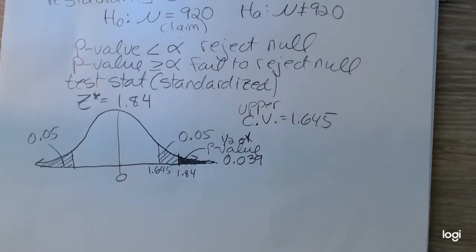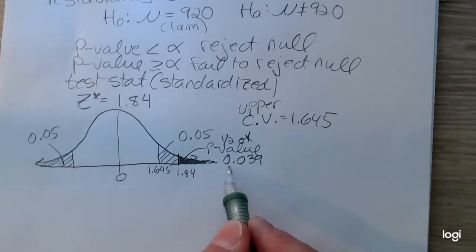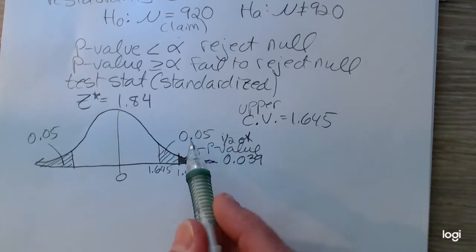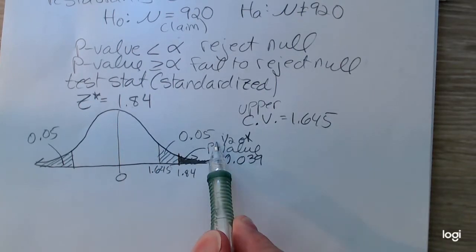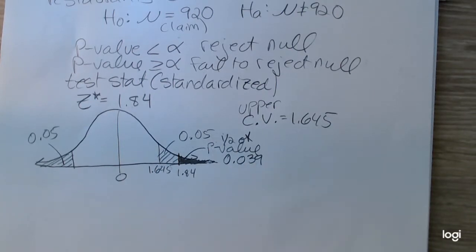So in your textbook, it will tell you that whenever you have a two-tailed test and you're finding the p-value, quote unquote, by hand, whatever value you find, you're going to have to double it. Why? Because you are comparing it to half of alpha because you've broken alpha in half. Now the original problem has alpha being 0.1.